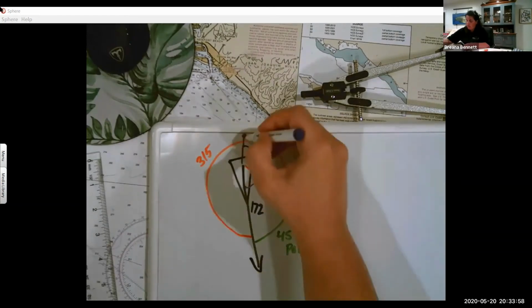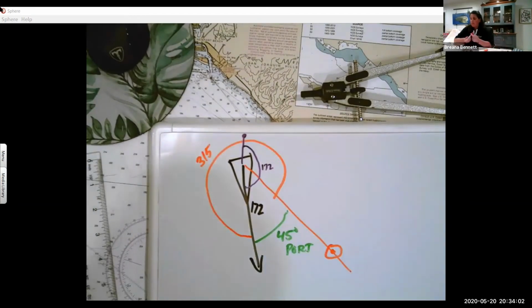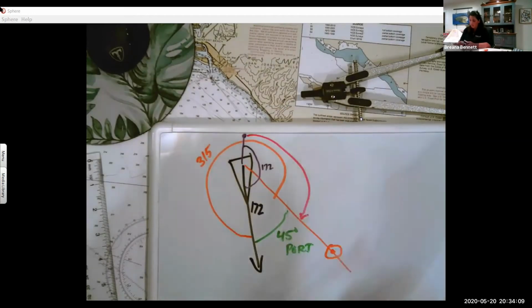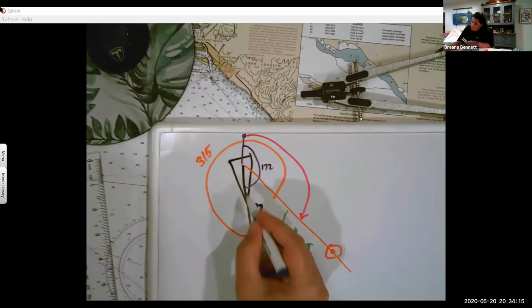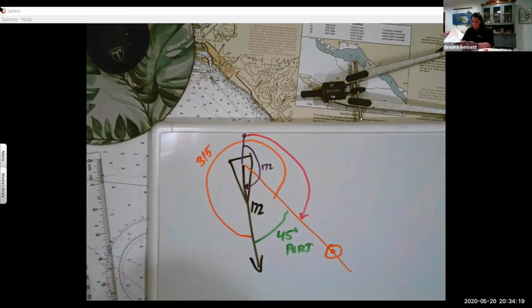Either way, we want to know what the true bearing is. So that would be from true north to the line in question, what is that angle? So we kind of have a little puzzle on our hands, right? What's the missing number?